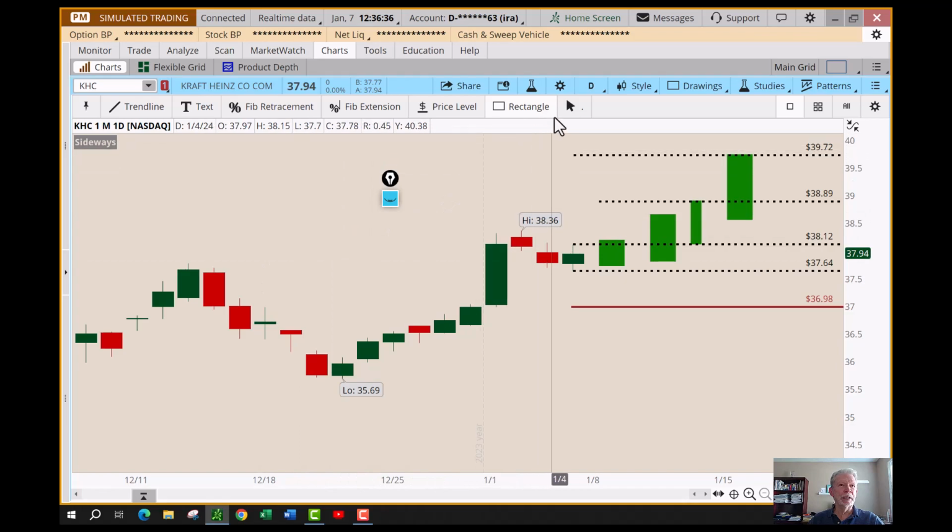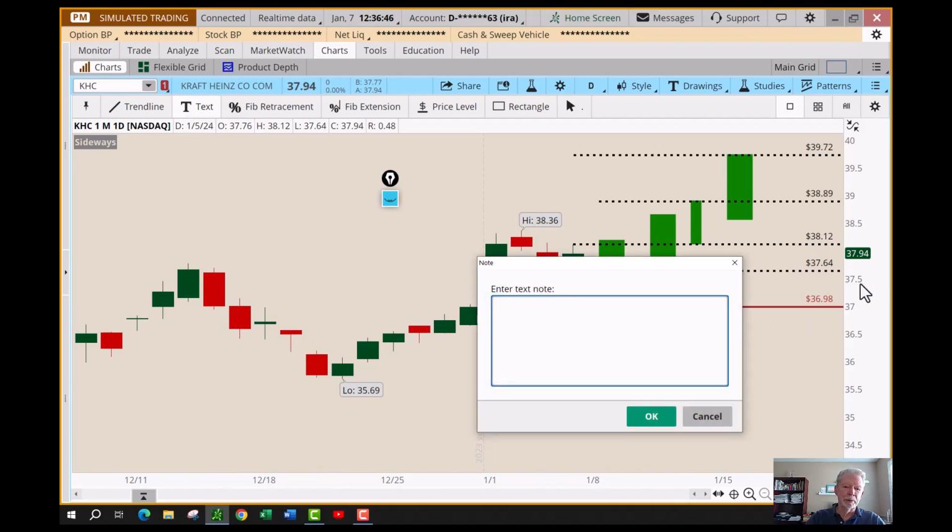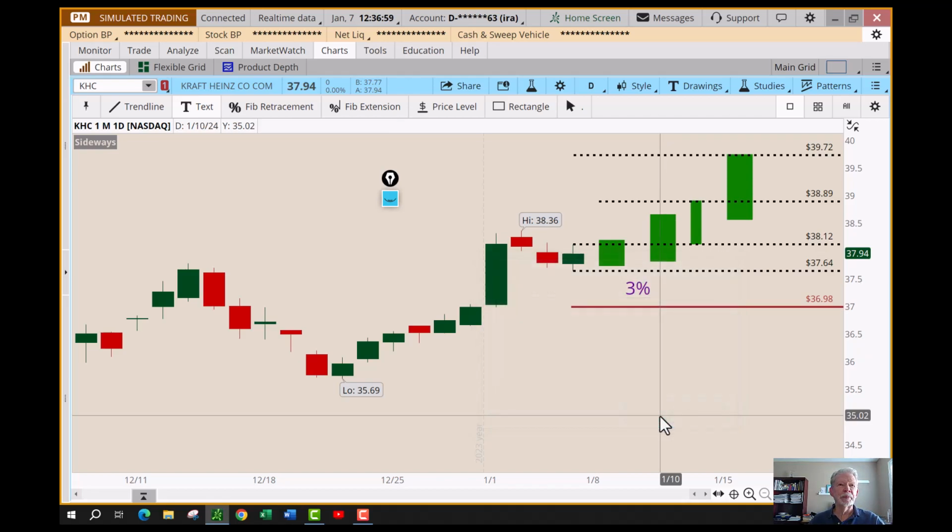But also in that same process, each time that you buy here, for example at 38.12, I had a 3% stop down here. Let's just put this on the screen so we can keep track of it. 3%. Okay, that's our stop.